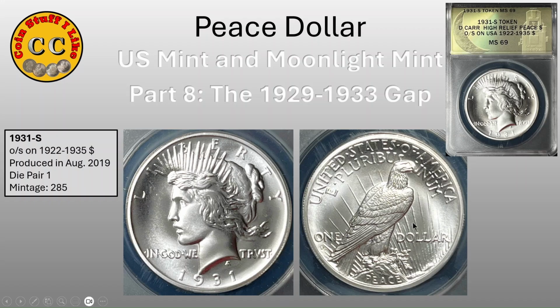So now let's go and look at the 1931S. S mint down here in the typical location, same design features. This one, actually, was the first of the pieces that he produced to fill that fantasy gap. And this was done in August of 2019. The rest were all done in 2024. So August of 2019, 285 of these were made.